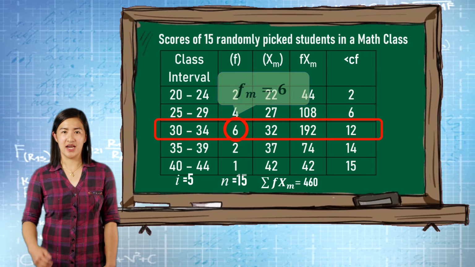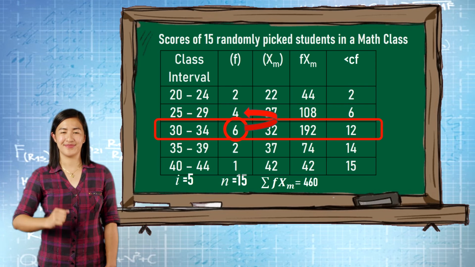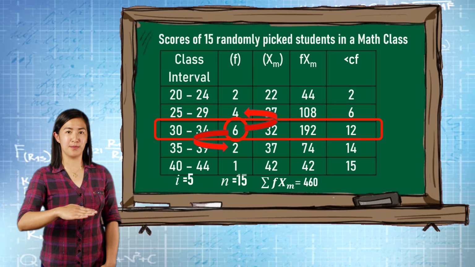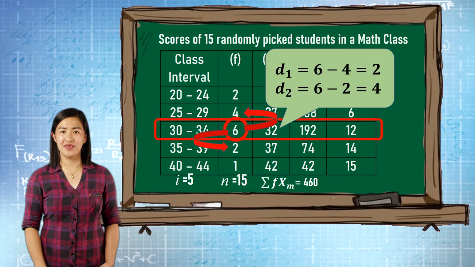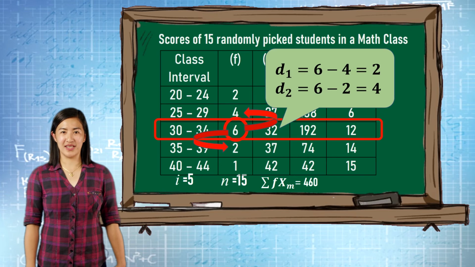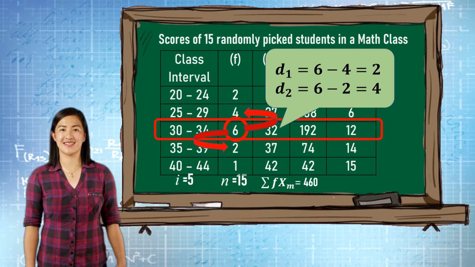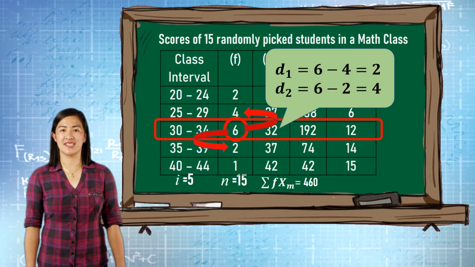The frequency above the modal class is 4. The frequency below the modal class is 2. We have D sub 1 is equal to 6 minus 4 equals 2. D sub 2 is equal to 6 minus 2 equals 4.